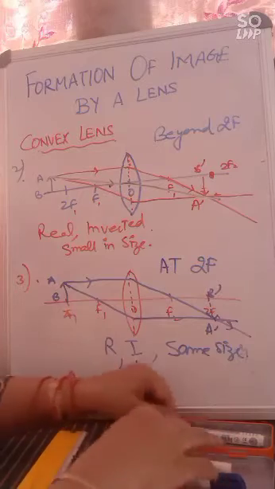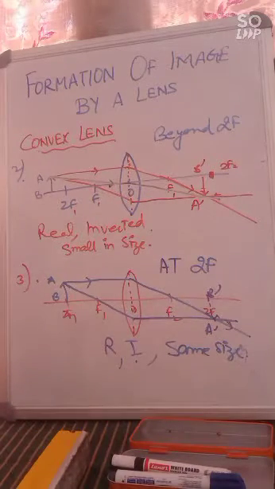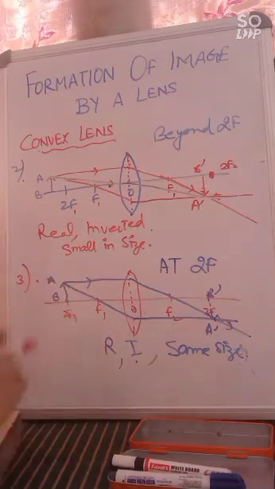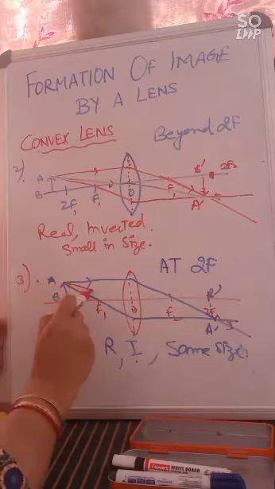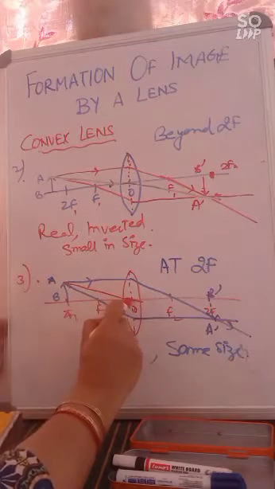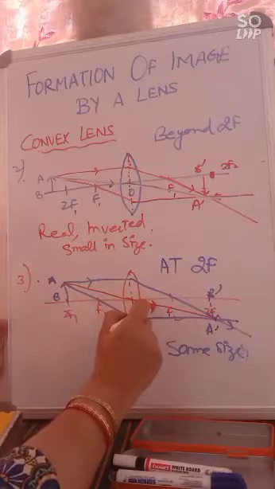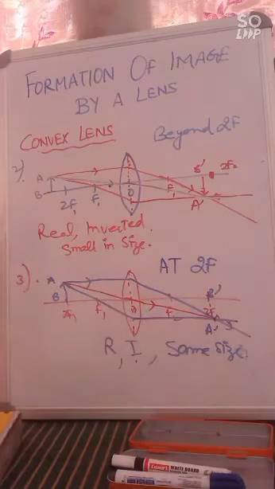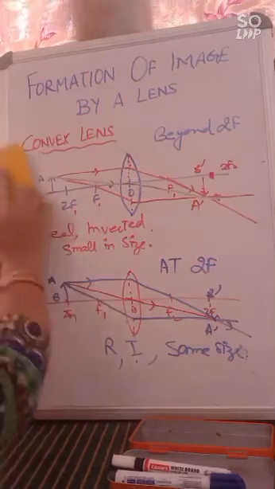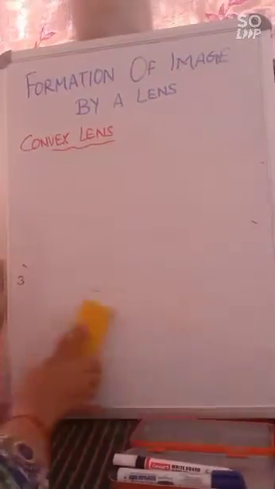Same way here also you can check out. Again, a ray passing through optical center passes undeviated. So you may even expect such type of question in board exams. So next is the fourth part, as I told you, and it is when the object is between F and 2F.